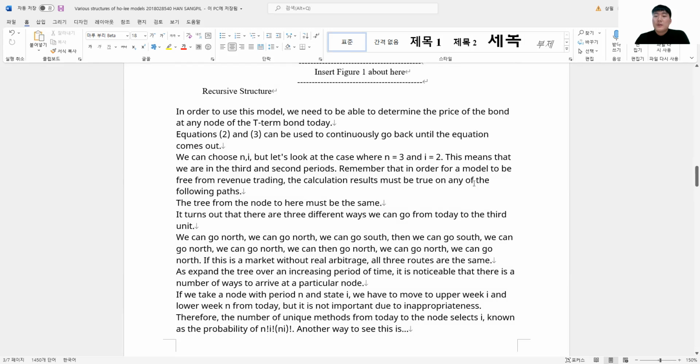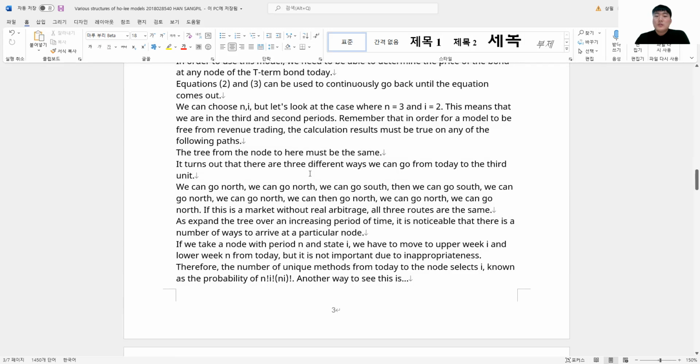Remember that in order for a model to be free from arbitrage, the calculation result must be true on any of the following paths. The tree from the node to here must be the same. It turns out that there are three different ways we can go from today to the third period.